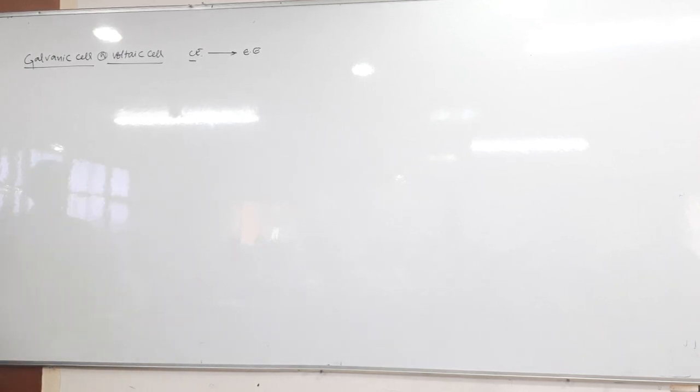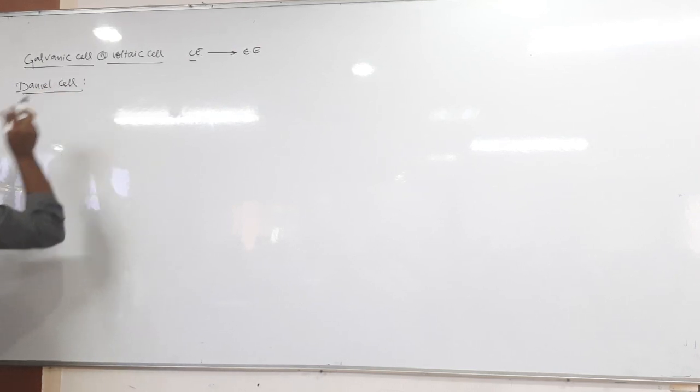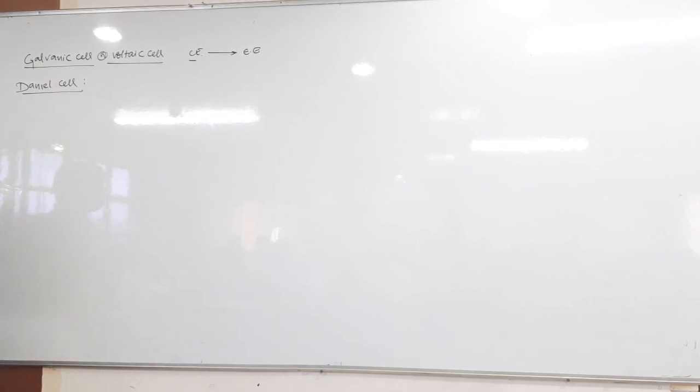Okay, so the best example for galvanic cell is the Daniell cell. So what is the construction and working of Daniell cell? Write down, example: Daniell cell.